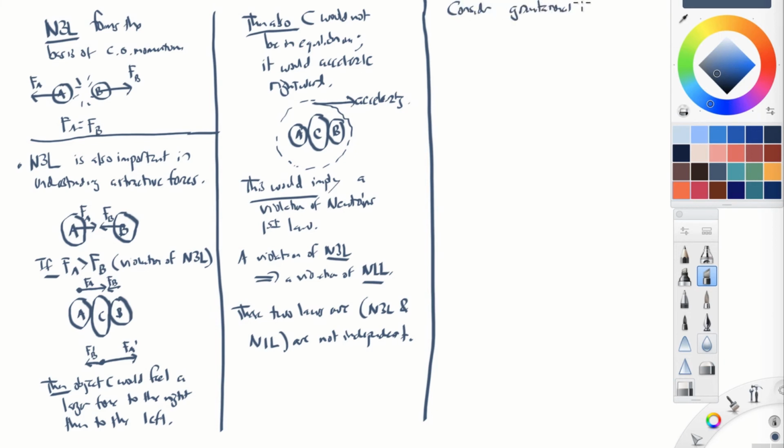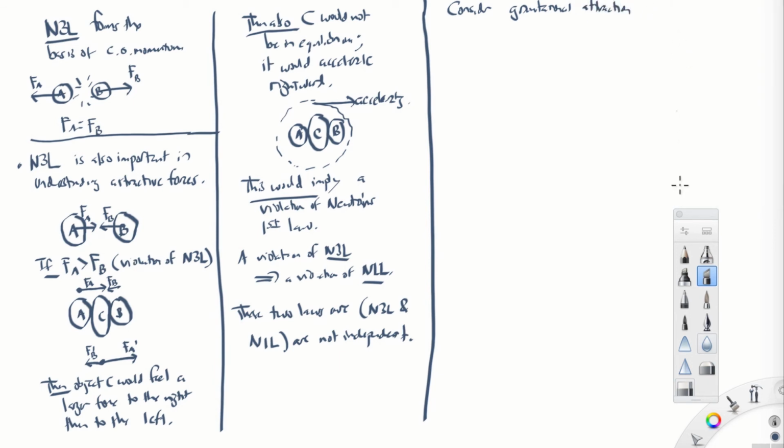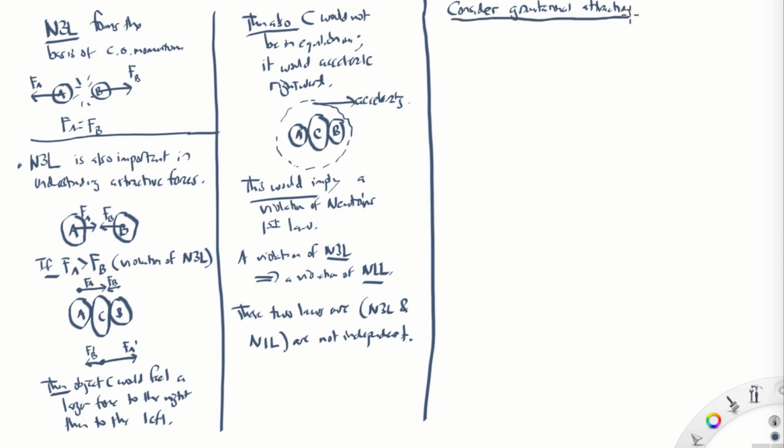And you can think about this as a hypothetical at first, right? Because he hasn't really proven that there's a gravitational attraction between the Earth and the Moon and so on yet. But think about this as, if there was gravitation, then what would it imply?